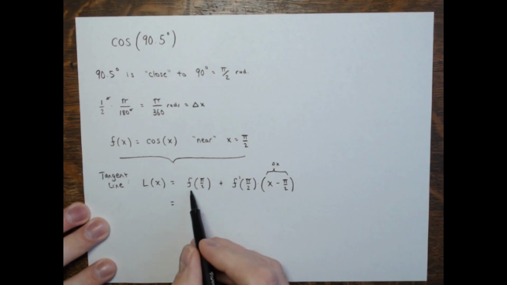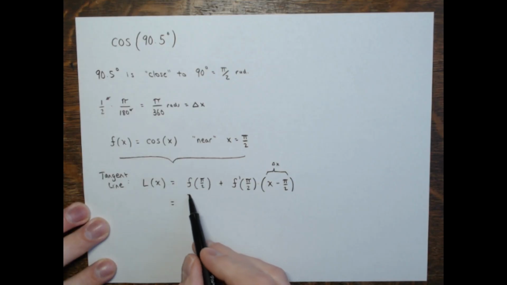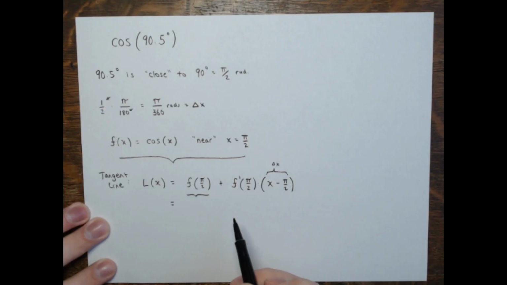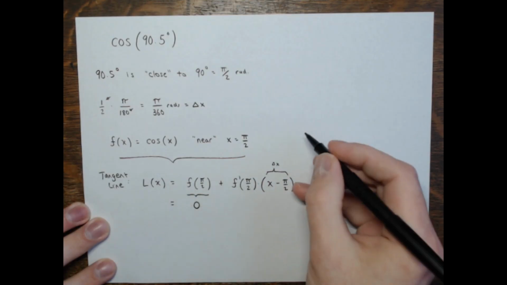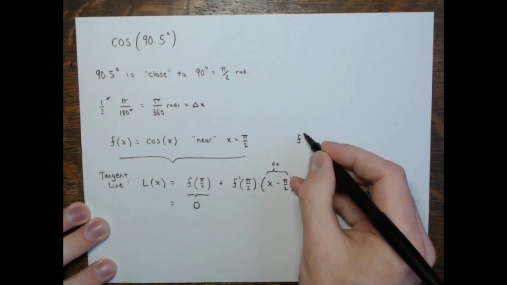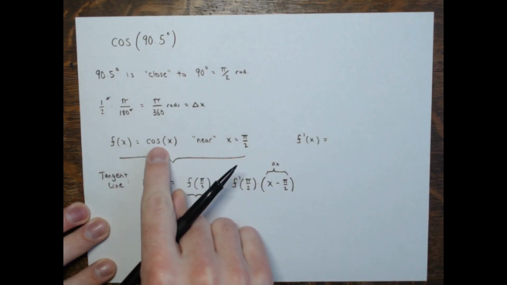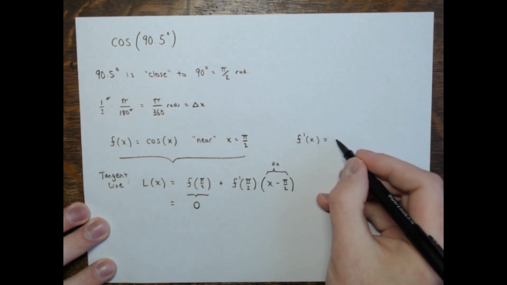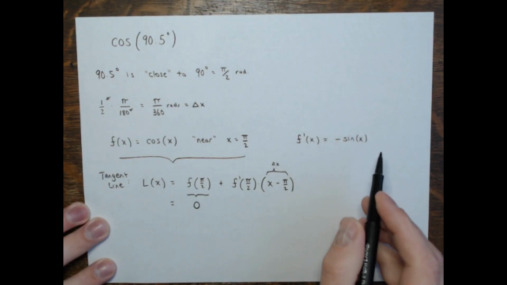Now the value of f at pi over 2, right? Remember, cosine of pi over 2, cosine of 90 degrees, pi over 2 radians, that was 0. And then f prime. Now if f is the cosine of x, f prime is the opposite of sine, negative sine of x.